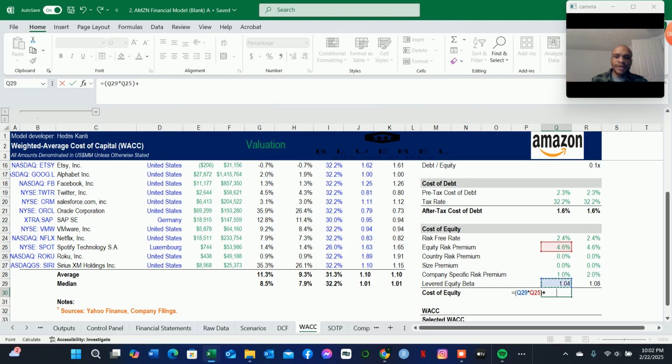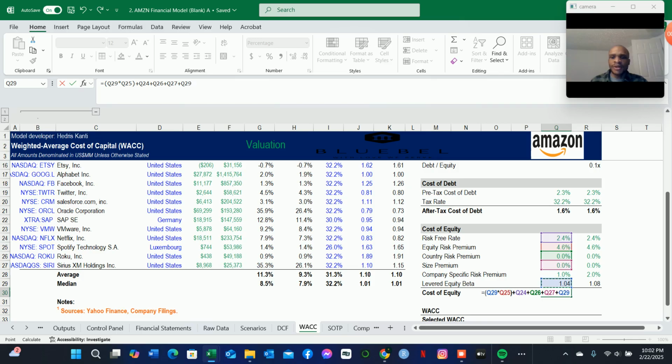Then we can add to all of that, beginning with the risk-free rate, the effects of the country risk premium, which we said a while ago is no, since it is operating in the United States. We can also add the effect of the size premium, since Amazon is diversified. Its business segment is diversified across many industries, so we estimate the size premium to be 0.